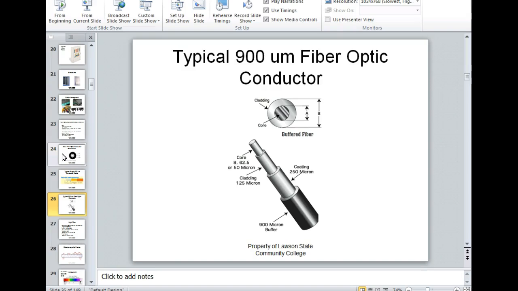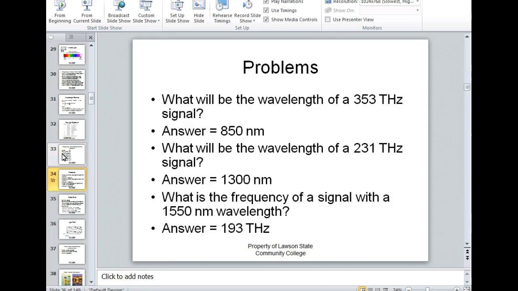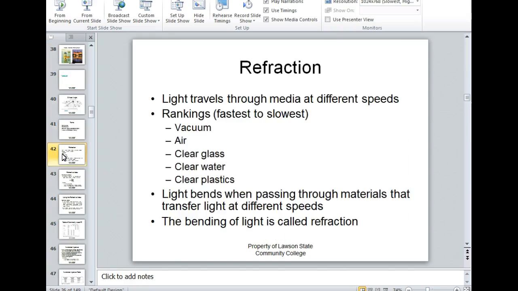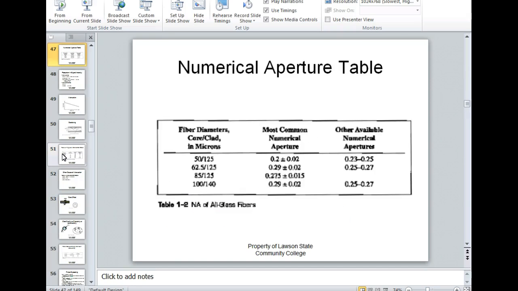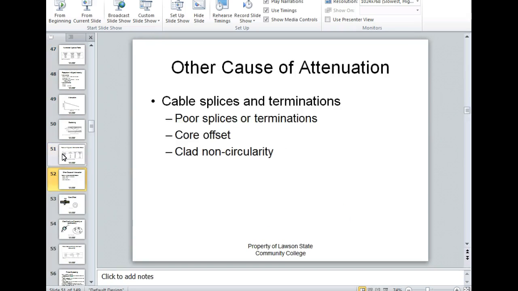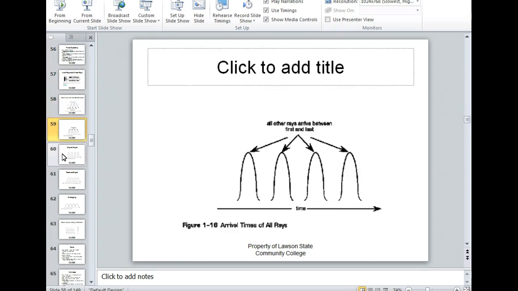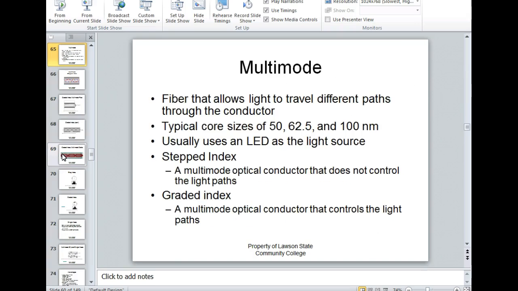In a tight buffer, the buffer is in contact with the buffer coating. In a loose tube or loose buffer, the buffer is not in contact with the buffer coating. So probably what I need to do is change the wording to make that clear, and change that to say the buffer coating, right? Would that make it more clear?